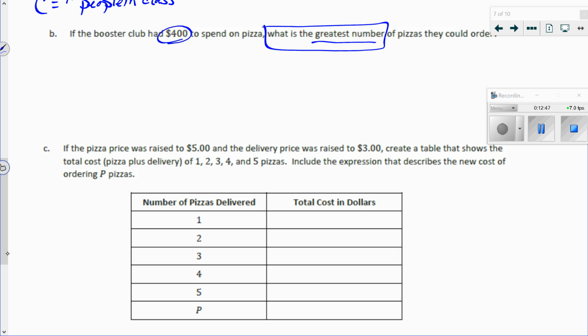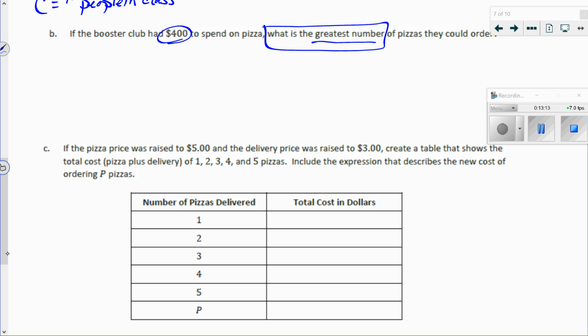Oh, because 98. So if they have $400, each pizza is $4. So, wait, what am I saying? Karen? 99. Why 99? Because if you times 99 times 4, you get 396, then you add 2, then you get 398.